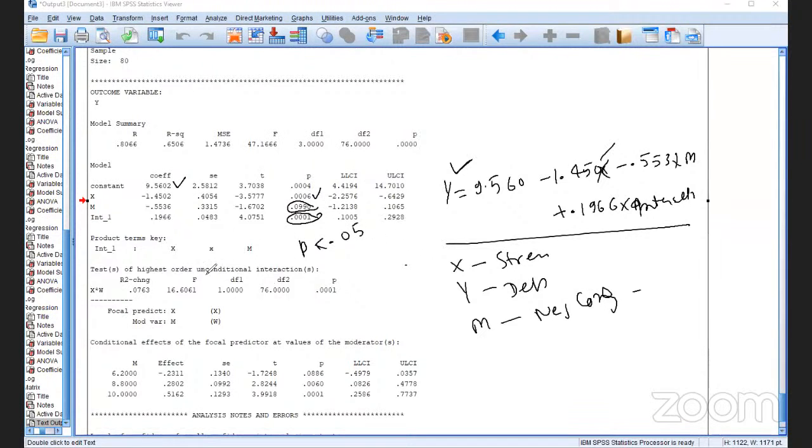Now the R square, in the next table. The interaction term means the multiplication of x and w. W means moderator.